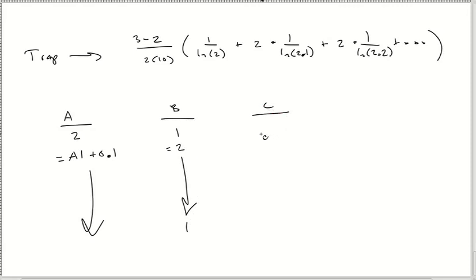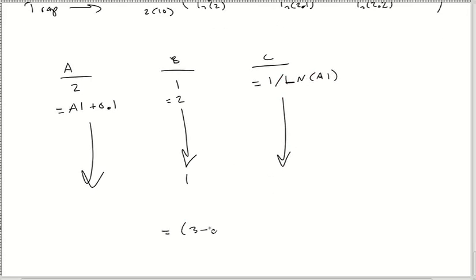In column C, I want to say 1 divided by the ln of A1, and then hit enter, click, and drag it down. At the very bottom, somewhere down here, I'm going to say 3 minus 2 divided by, open, 2 times the 10, close, times sumproduct of B1 to B11, since that is where we have to stop.